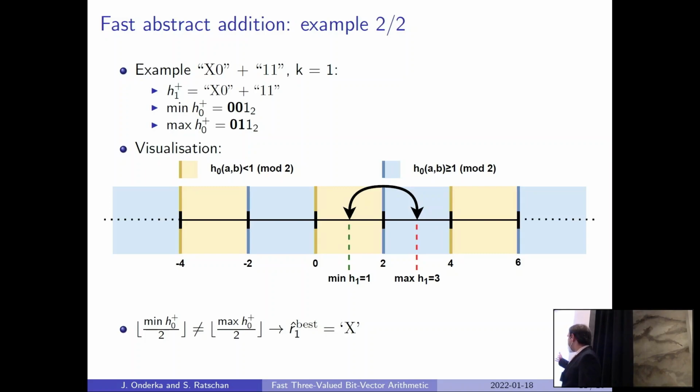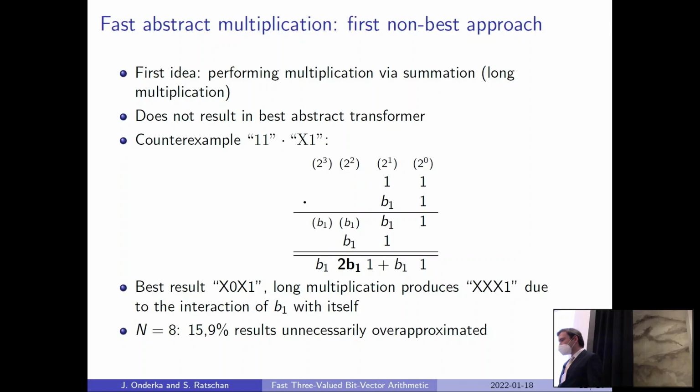And as we can see here now, the minimum and the maximum are not lying in the same area, so we basically just need to toss out the least significant bit of the minimum and maximum here, because the squares now are of length 2, not 1. But then we just get that the best result is x. So that was very nice, but the next part, the multiplication, will not be nice at all.